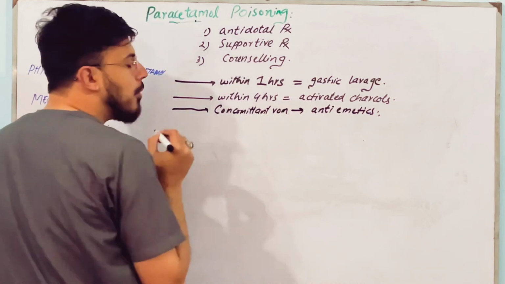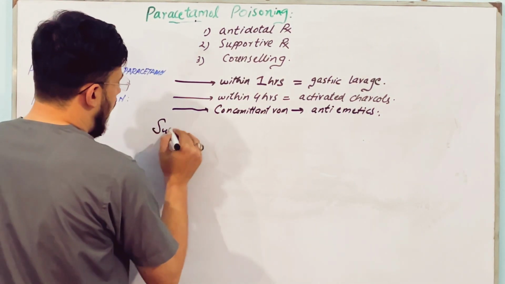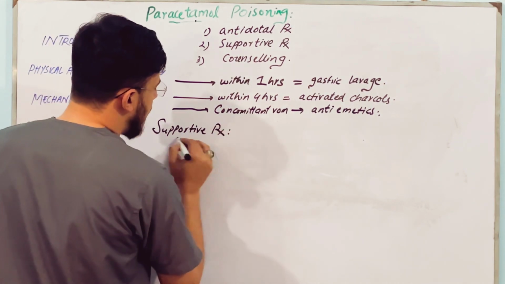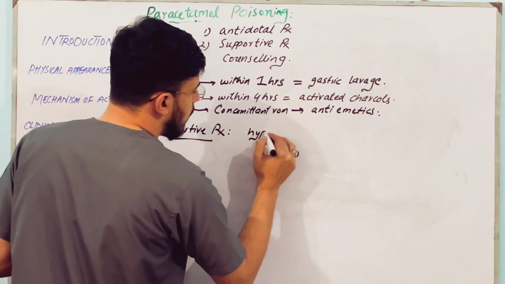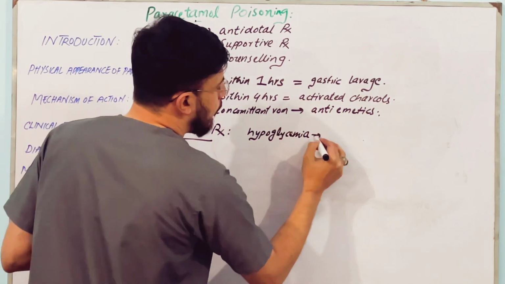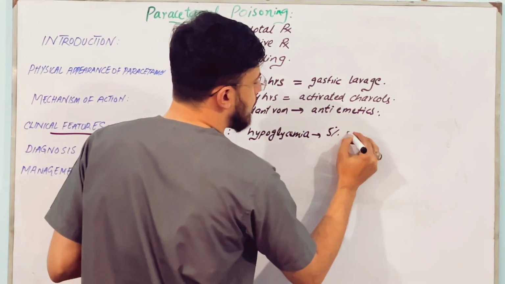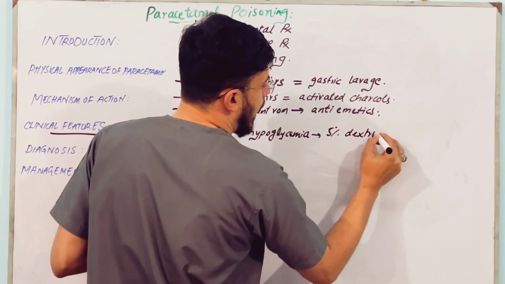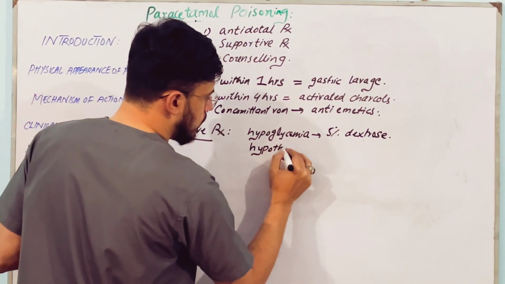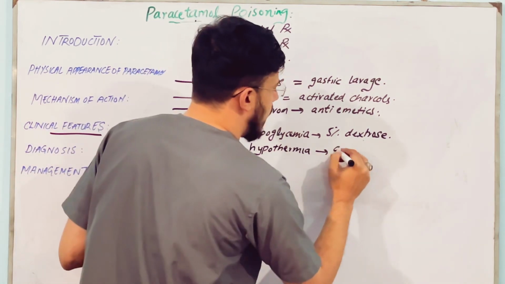Now, in supportive treatment, if the patient presents with hypoglycemia, we will give 5% or 10% dextrose. If there is hypothermia, we can give dextrose as well.